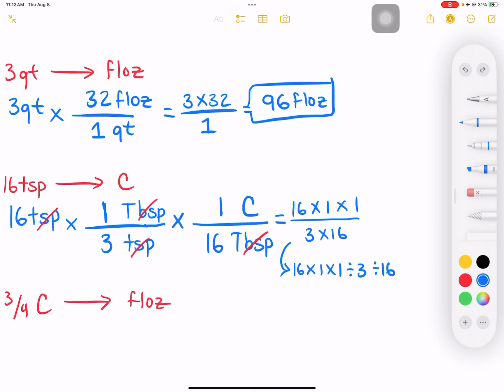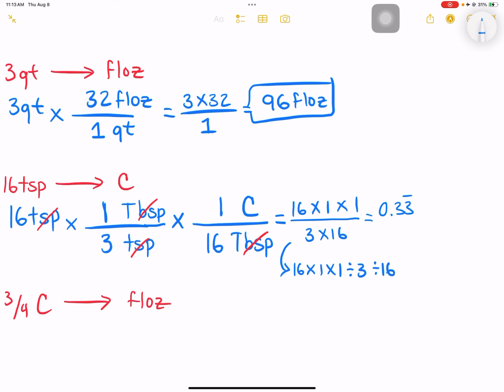So here I should have 16 times 1 times 1, which is 16, divided by 3 and then divided by 16. It leads to 0.33 repeating, and my units are cups. 0.3 repeating is the same thing as 1/3 of a cup.